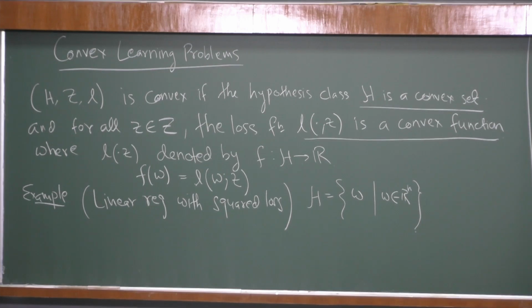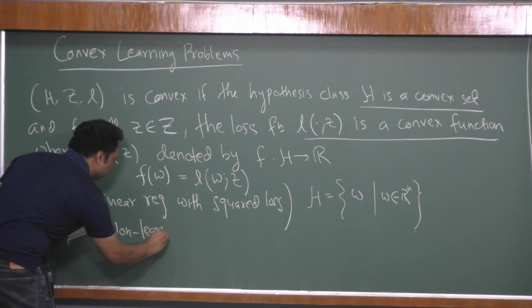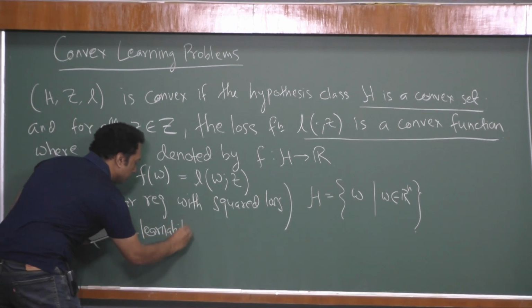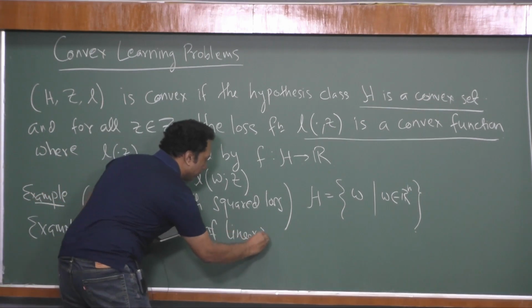And what we have seen is that convex learning problems by themselves are not necessarily PAC learnable, and we have proved this in the last class, the non-learnability of linear regression.